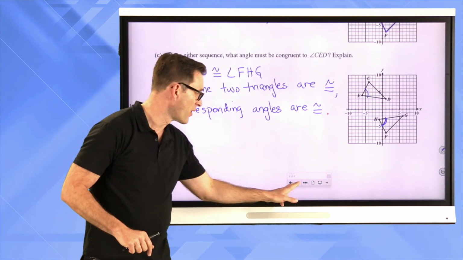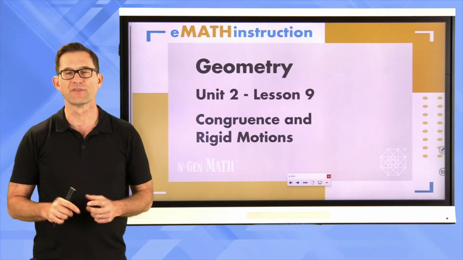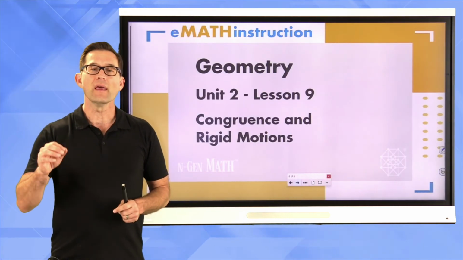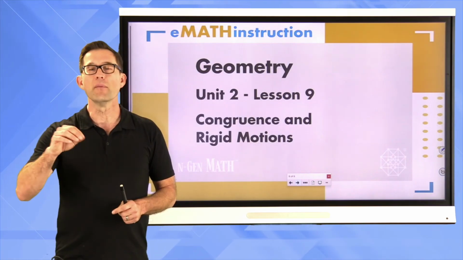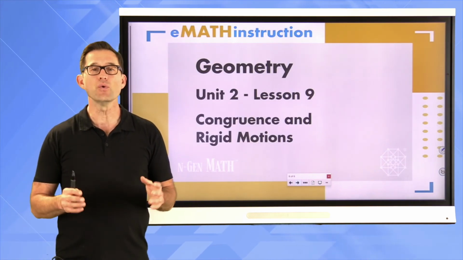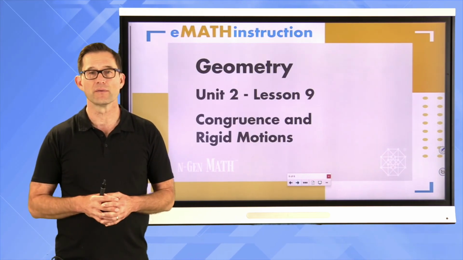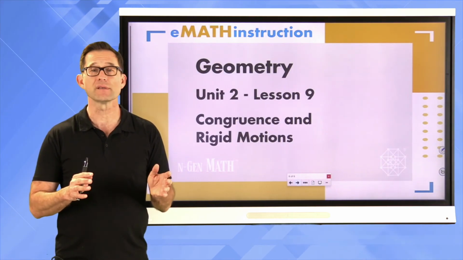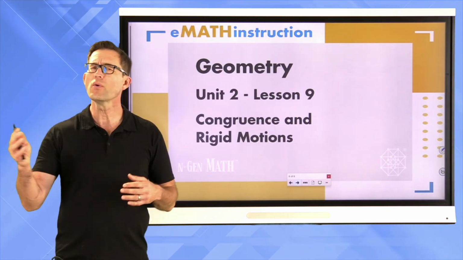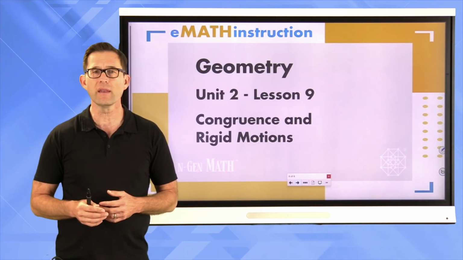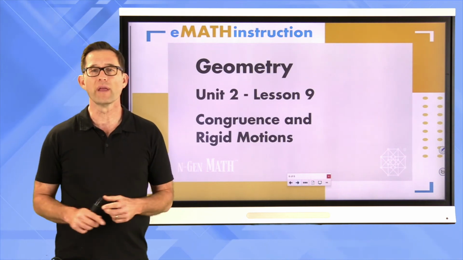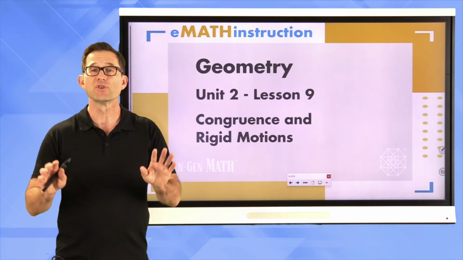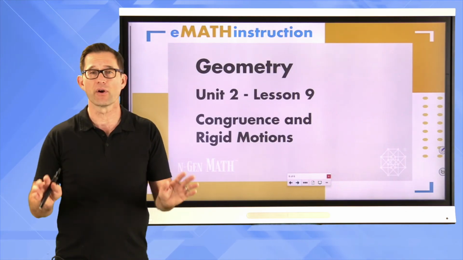Excellent. All right, so let's kind of tie this all together. In geometry, one of the most important ideas is two objects that are congruent to each other. Those are objects that have the same size and shape, but are located in different places in the plane, and maybe even oriented differently. So congruent objects are very, very important.